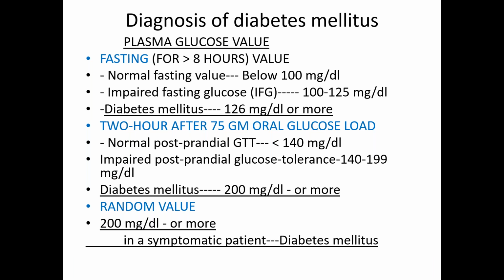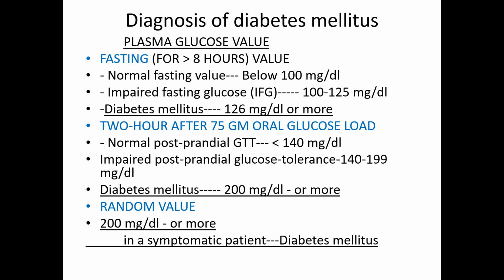So once you suspect clinically, it requires confirmation of diabetes mellitus. Urine glucose levels are screening tests that will detect the presence of glucose in the urine, but it appears when the renal threshold for glucose, that is 180 milligrams per deciliter, is exceeded.